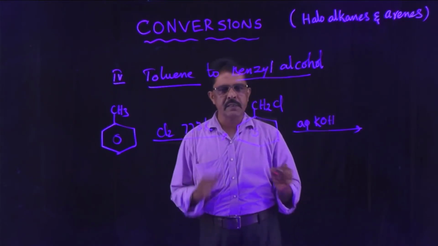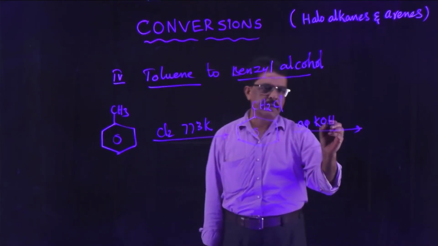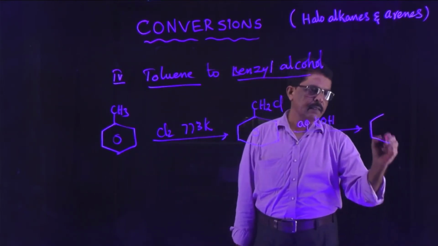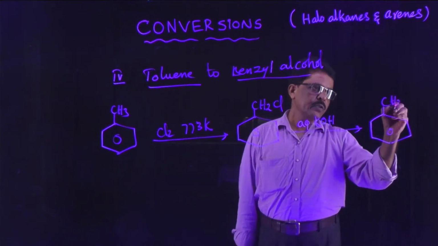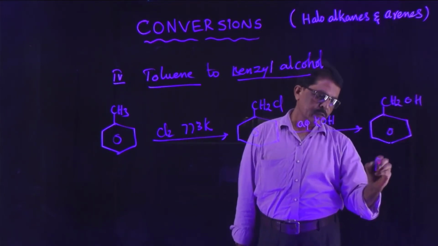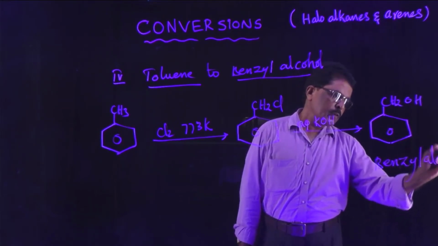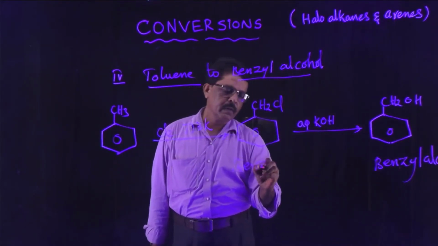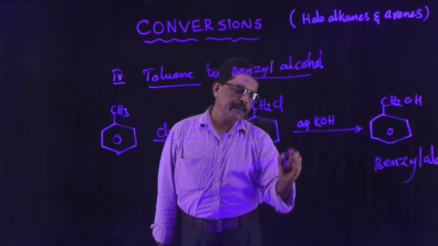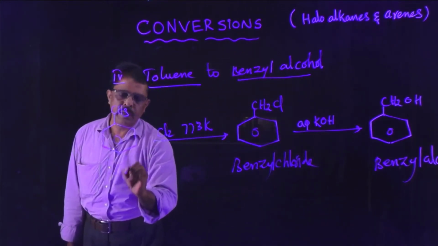Aqueous KOH always gives substitution, nucleophilic substitution. Then you will get benzyl alcohol, CH2OH. This one is benzyl alcohol, this one is benzyl chloride, and this one is your toluene.